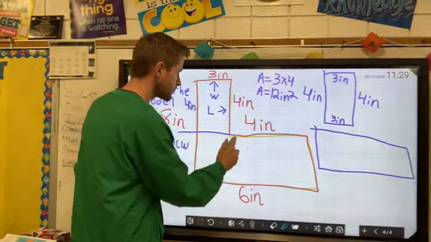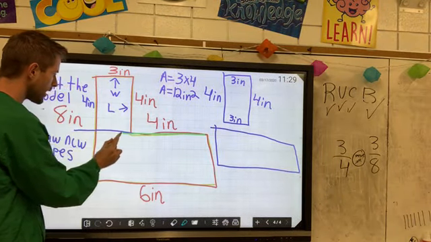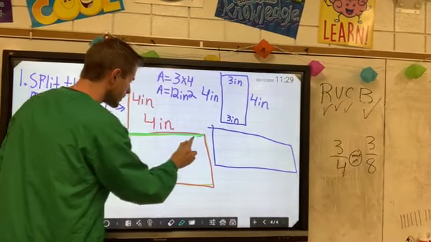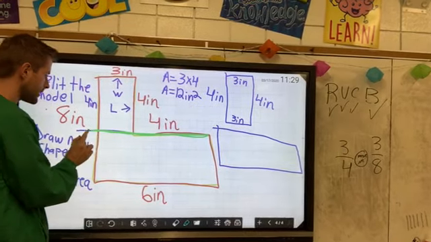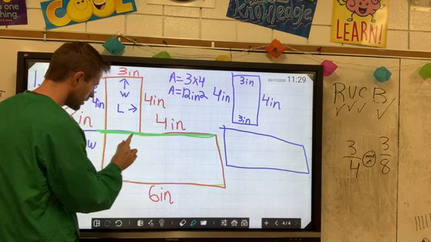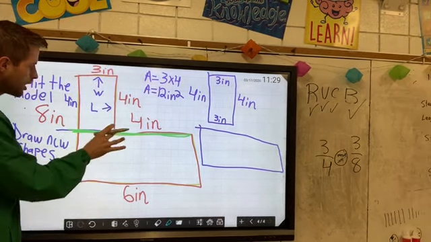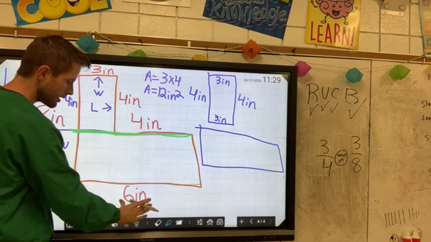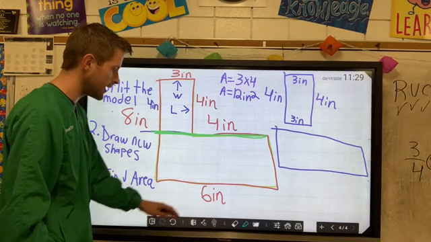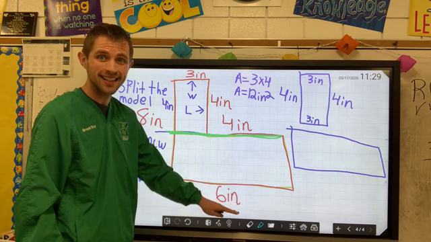Now, notice that this full line here, when we divided our rectangle, when we separated our rectilinear model, we added some width to there. Y'all see that? Now, what does it say that the combined width of everything is at the bottom? It says 6 inches, right?